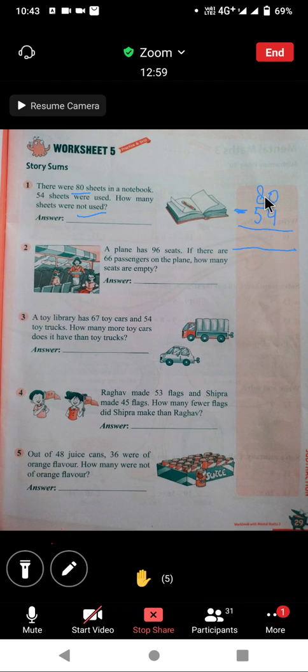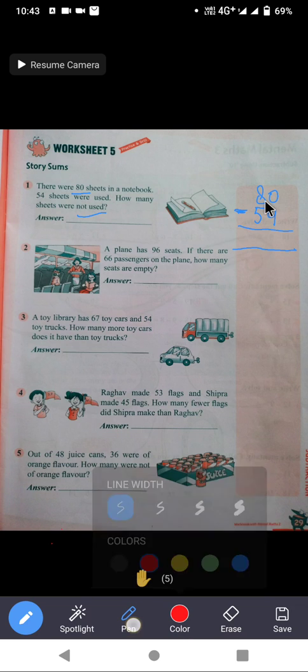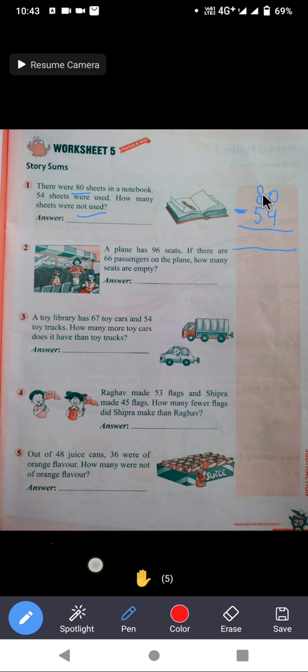To regroup, we'll borrow 1 from the tens place. So 8 becomes 7, and the 0 at ones place becomes 10. Okay, 10 ones, and here 7 left.